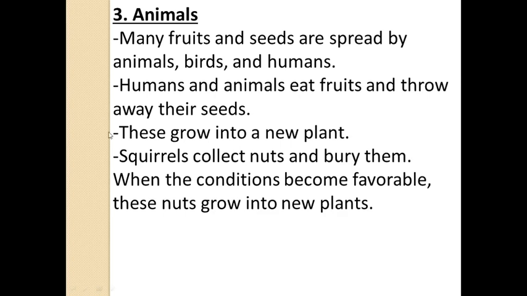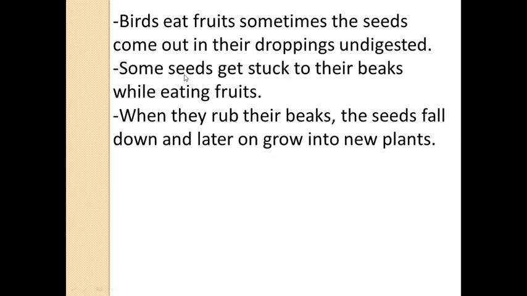Then we have learned seed dispersal by animals. Many fruits and seeds are spread by animals, birds and humans, as we eat the fruits and throw the seeds away, which grow into new plants. Squirrels collect nuts and bury them. When the conditions become favorable, these nuts grow into new plants. Many examples are there of this kind of dispersal. Birds eat fruits. Sometimes the seeds come out in their droppings undigested, meaning the waste from their body.